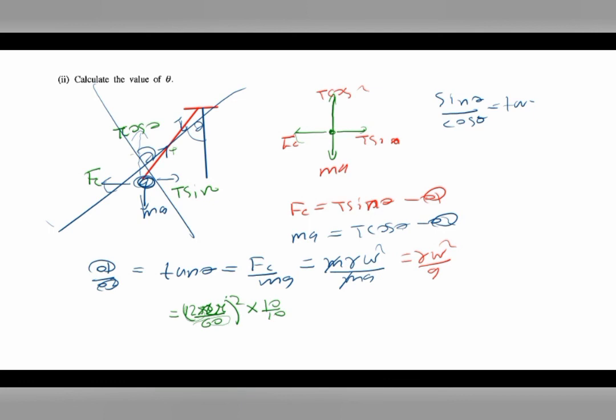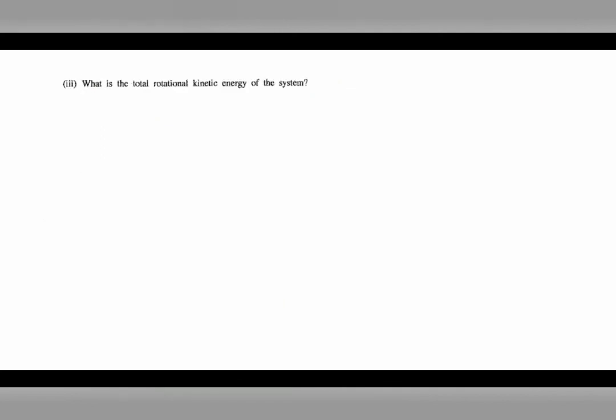So you can get the result as 1.44. So to get theta, theta is equal to tan inverse of 1.44. When you get the tan inverse, the result is theta is 55 degrees. Really simple.